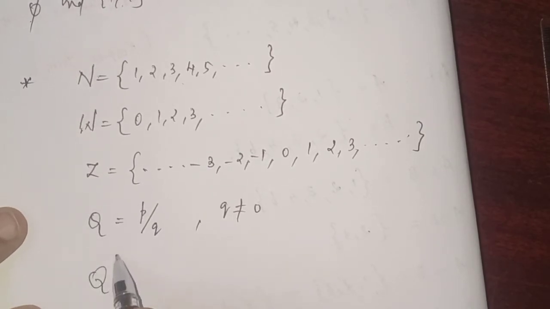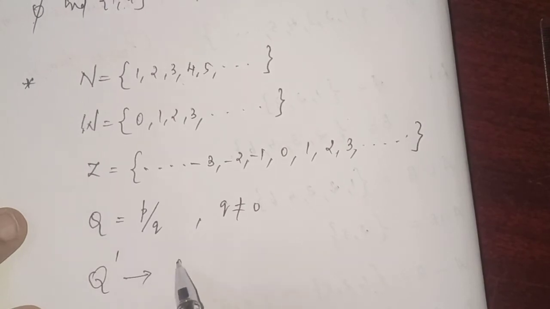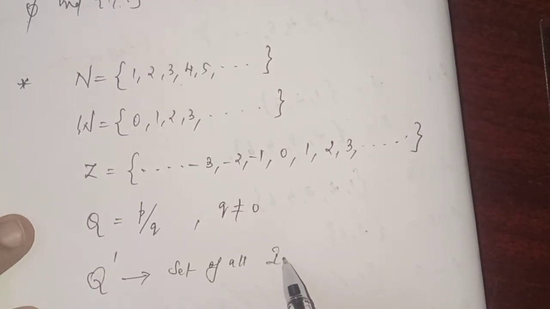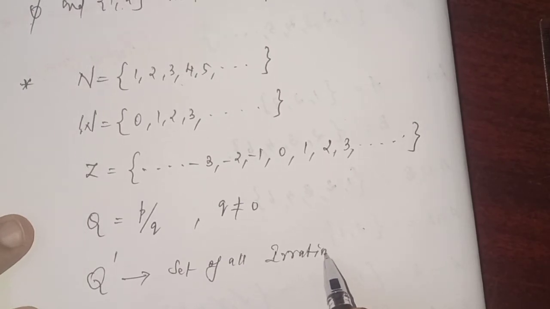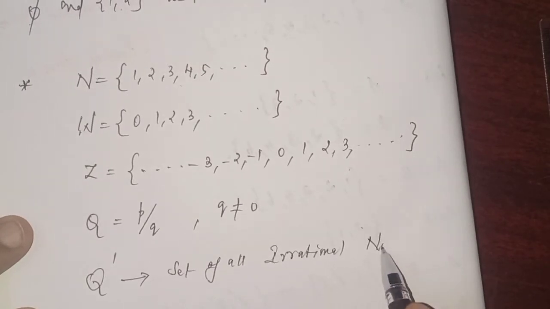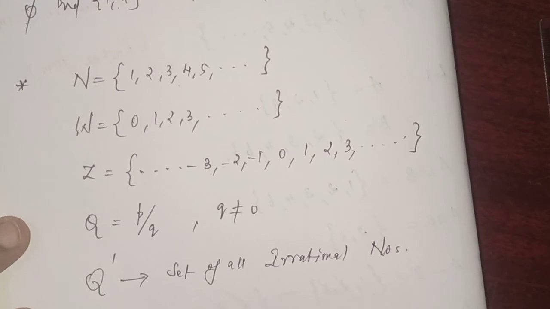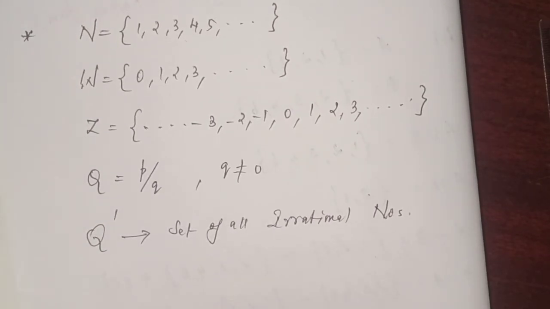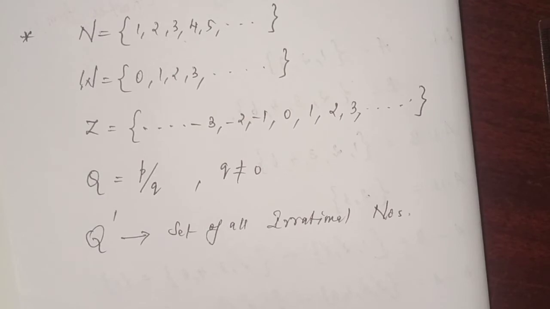Q dash represents the set of all irrational numbers. Irrational numbers you have learnt in the lower classes. That means a non-terminating and non-recurring decimal expansion is called an irrational number.